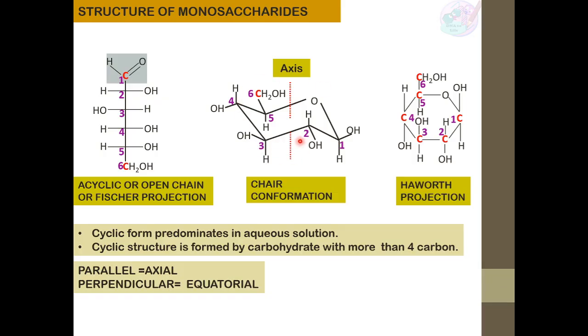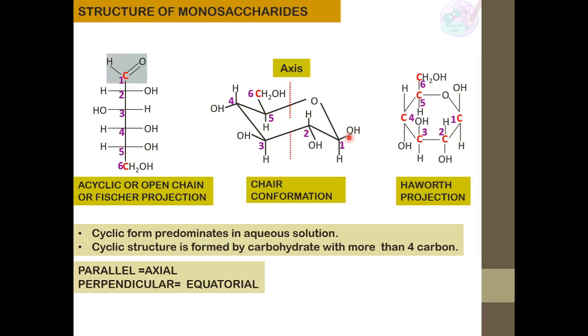If you look, this is the cyclic structure of glucose. When you draw a vertical axis here, you will see these groups, H, OH, H, H and H, are all perpendicular to this axis. These groups are at the axial position.